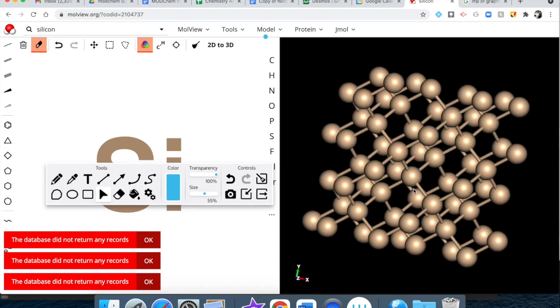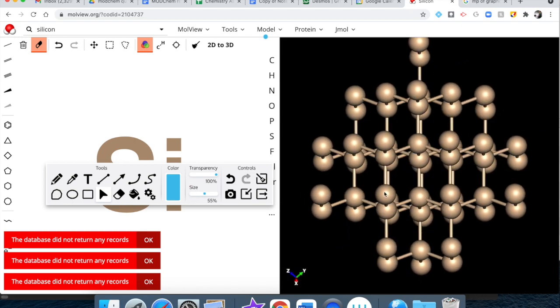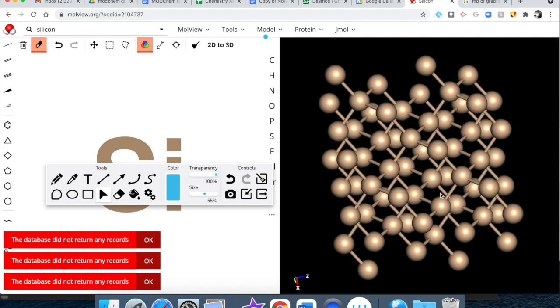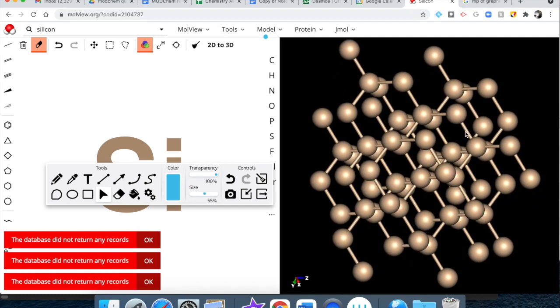It's this very large structure where every silicon is attached to every other silicon in this large network. Those sticks, the bonds between one atom to the other, that's a shared pair of electrons, and that's a very strong bond. And unlike graphite, there's no layers here, so this means it's going to have a very, very high melting point, because in order to melt silicon, you have to break up all those extremely strong covalent bonds.